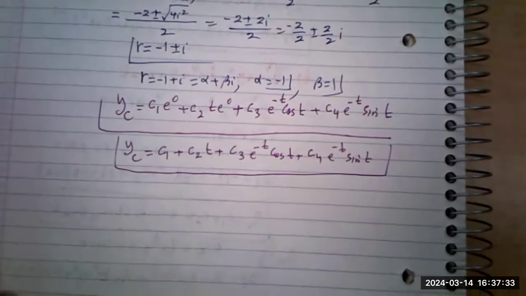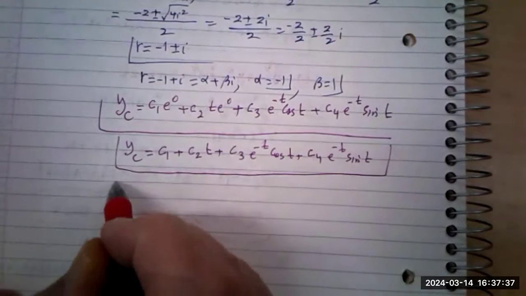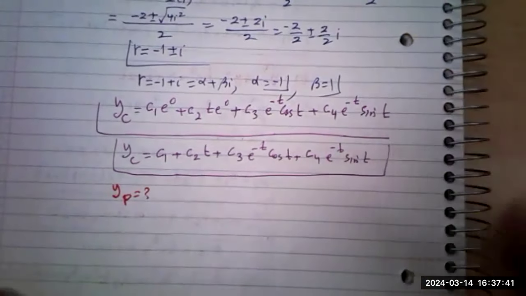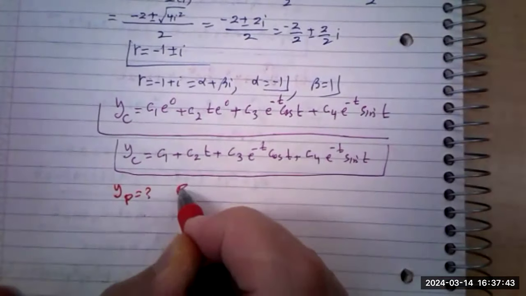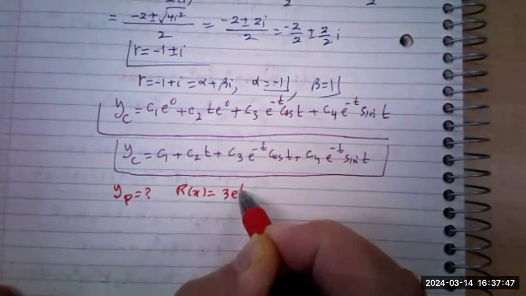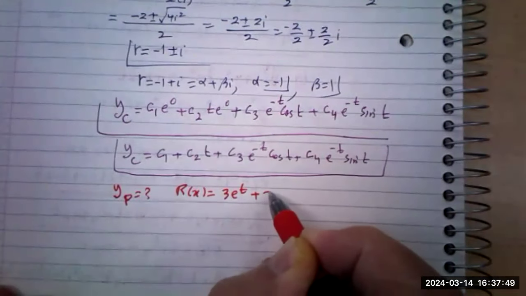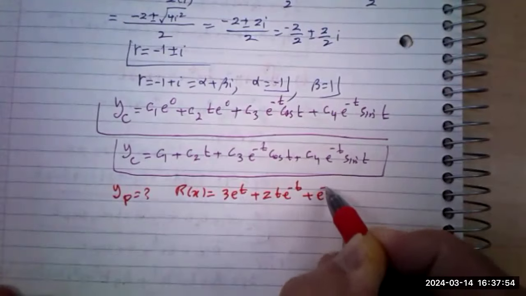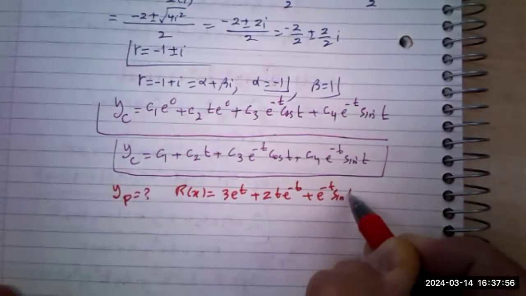You are now ready to find the YP. So what is going to be the YP? Okay, R of X is what? R of X is 3 e to the t, 2t e to the negative t, and e to the t sine t.